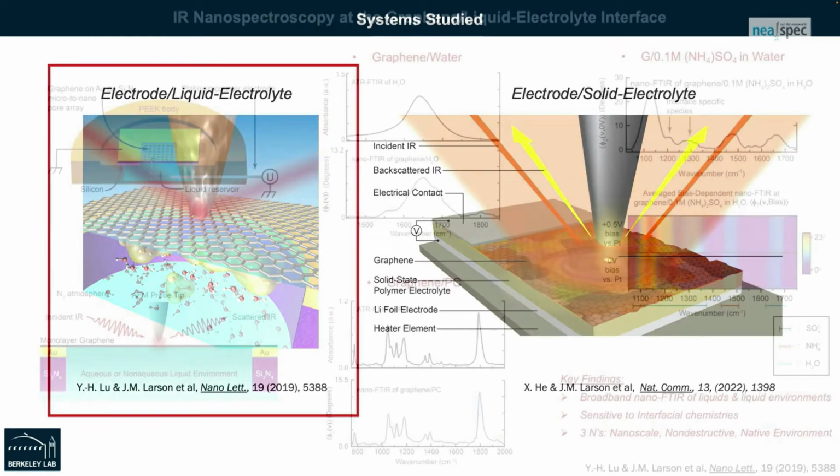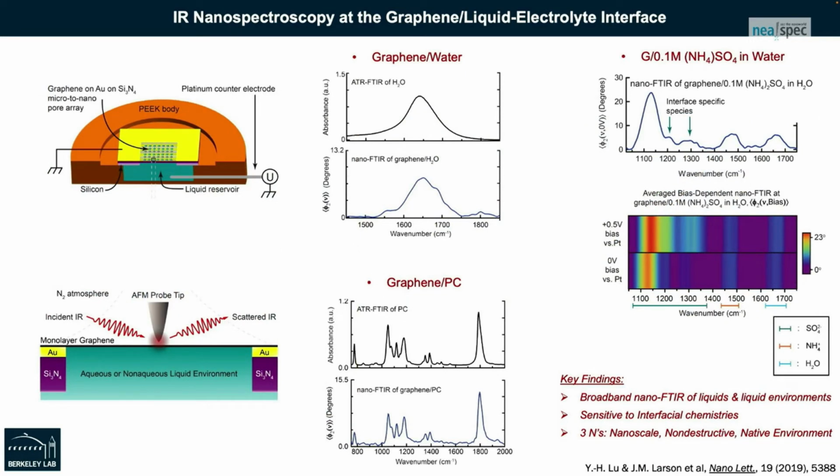This work came out in 2019 in Nano Letters. In the top left is a schematic of the liquid cell that was used to accomplish this work, and in the bottom left is a schematic of one of the holes in the perforated silicon nitride membrane.